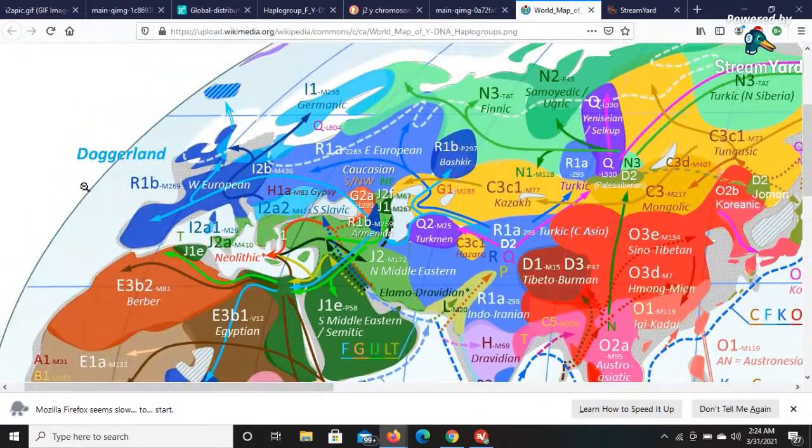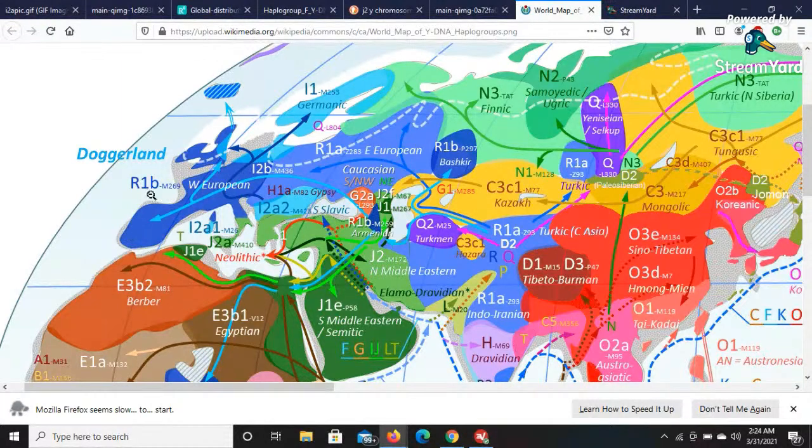Over here in Europe, we know the majority of Europe is Semitic, albeit it has an Asian Y chromosome throughout Europe, probably due to invaders that came in through Europe, through this area here, the RY chromosome.